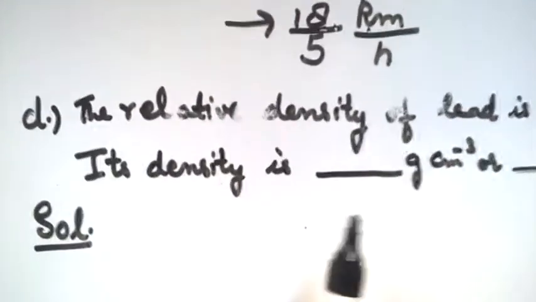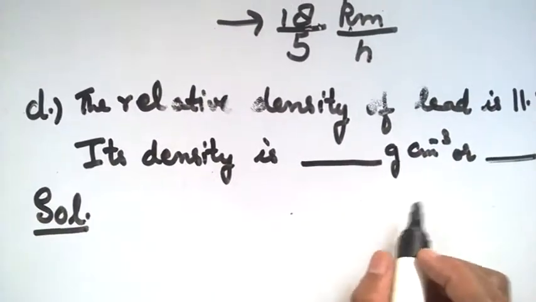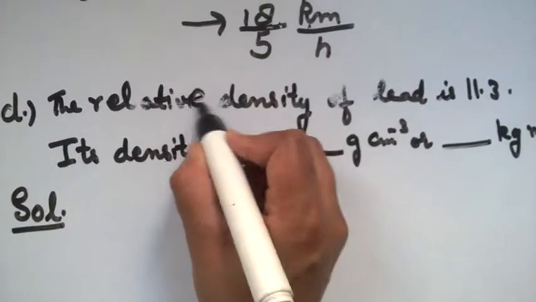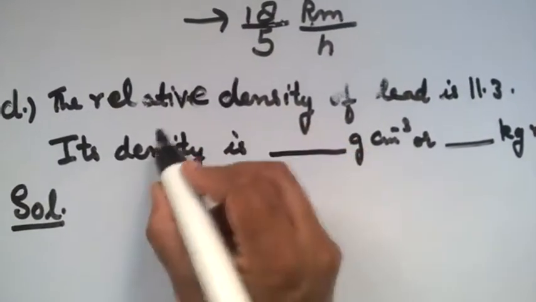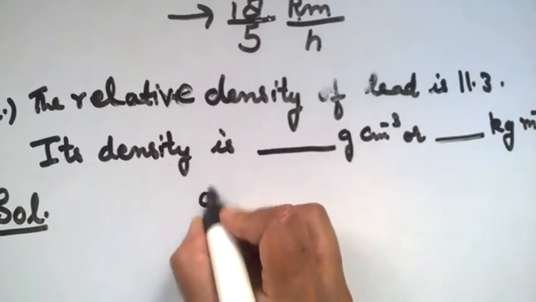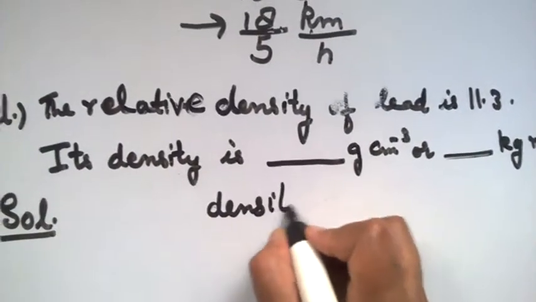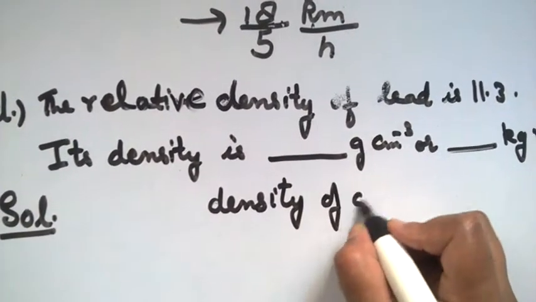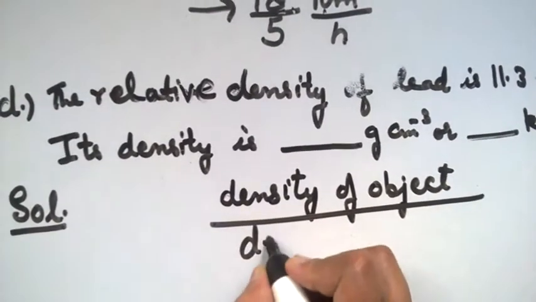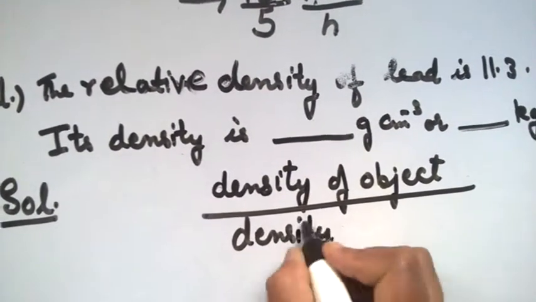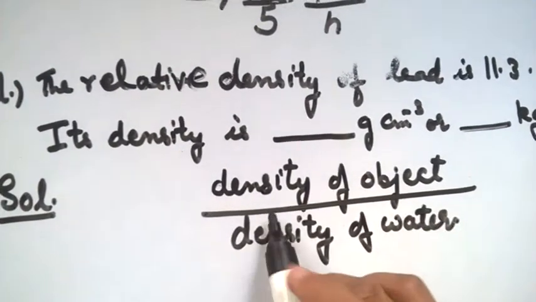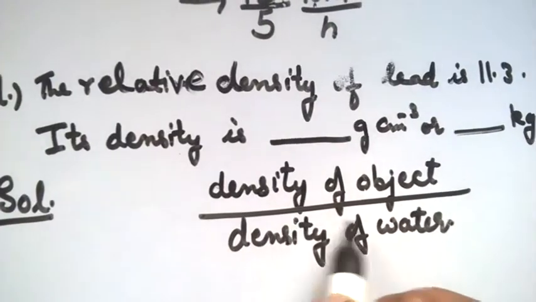Now, next part is the relative density of lead is given, which is 11.3, and relative means here we are comparing the density. The relative density is the ratio of the density of an object, here lead, to the density of water. Here we are comparing the density of the object with the density of water.